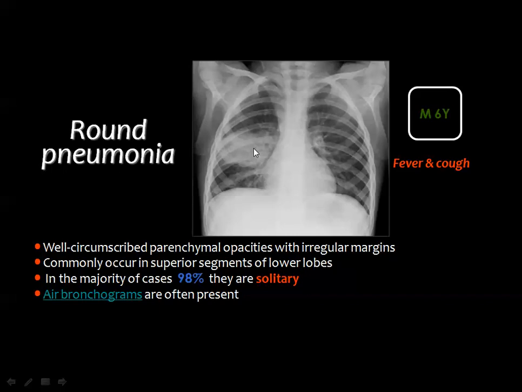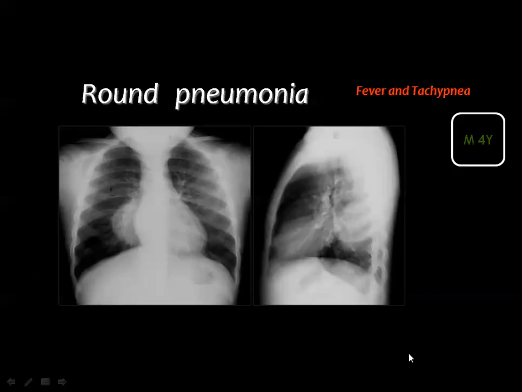But in my opinion and according to the cases I have seen, the air bronchogram is not a prominent feature in round pneumonia, and I think this finding is the cause of further evaluation by CT, for example, in such cases.